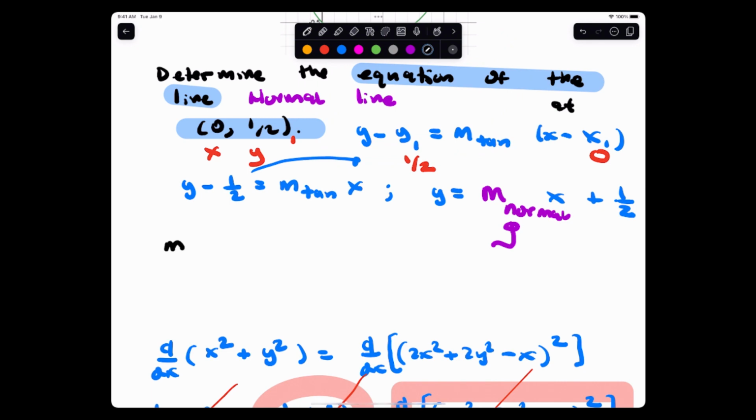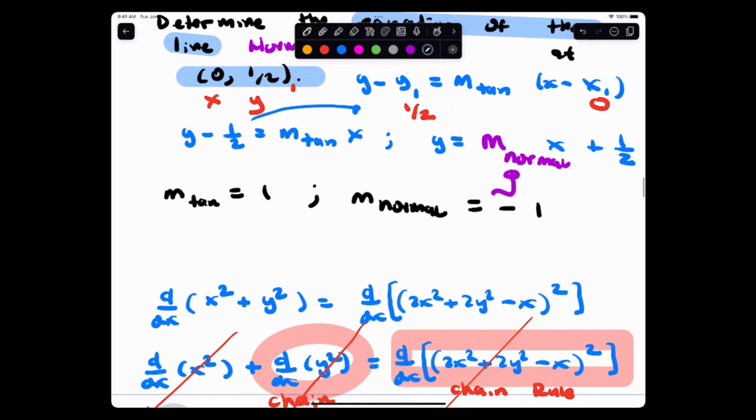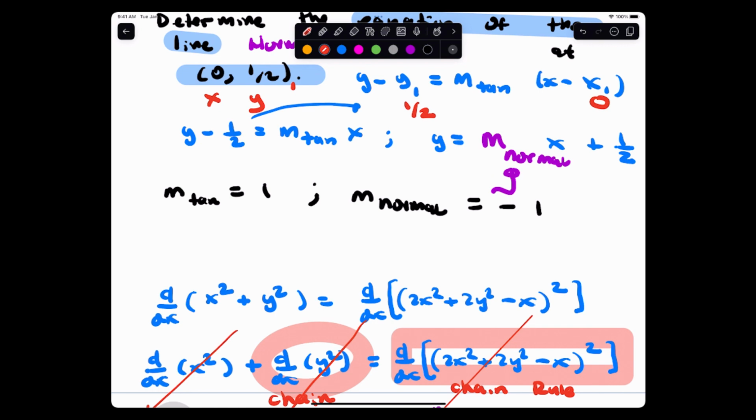If the slope of the tangent line is positive 1, then the slope of the normal line is opposite and reciprocal, which will make it just simply what? Negative 1. So this is going to be here now what? Negative 1. So the equation here is negative 1x, which is negative x, plus 1/2. So I'm going to just kind of leave it like this for you.